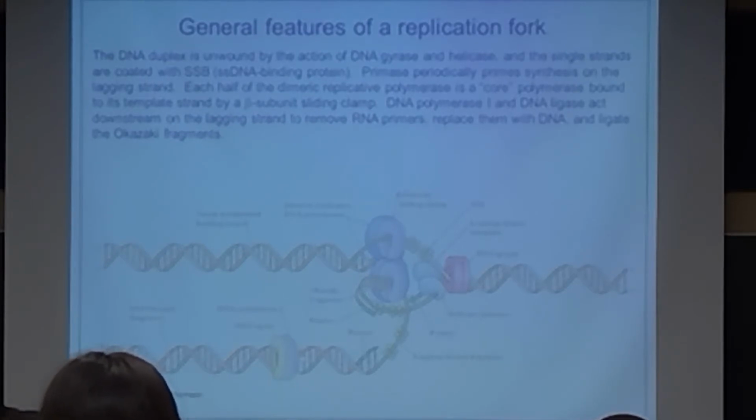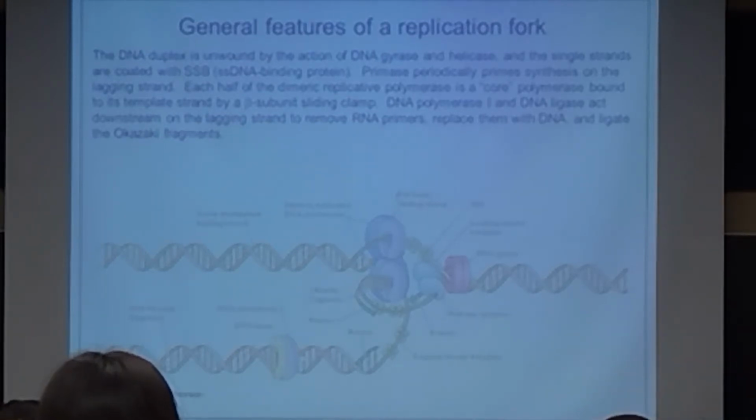and what else do we need? This is the structure of the replicating end of the DNA, which is called the replication fork. Now you synthesize the Okazaki fragment, and the Okazaki fragments need to be connected.